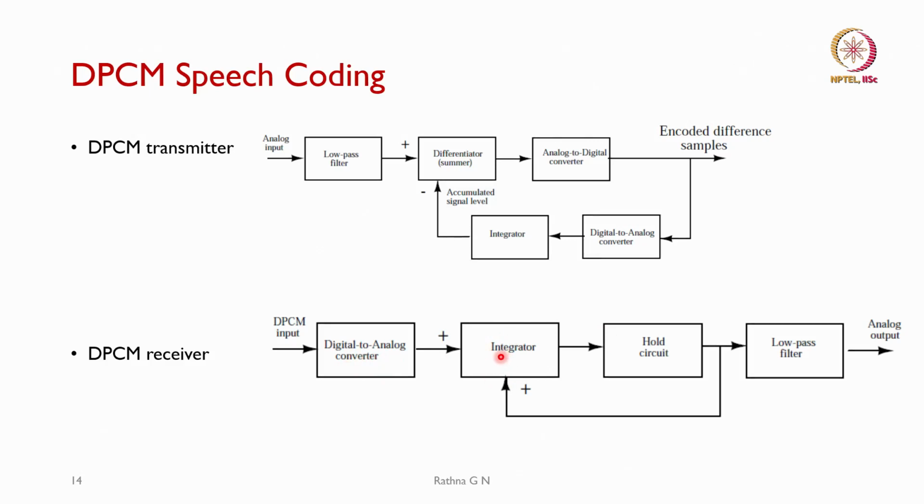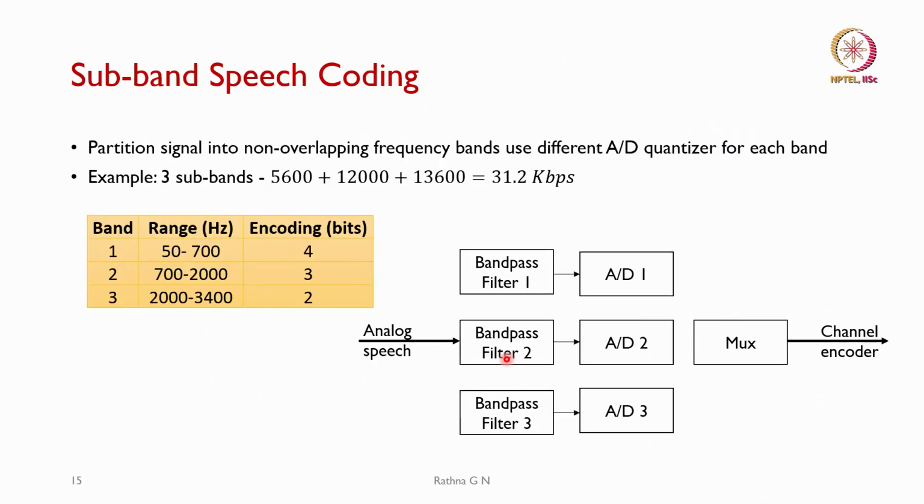You then add the signals from the hold circuit to reconstruct it from the differences, which is passed through the low pass filter, and then we get the analog output. So, this is how our differential pulse code modulated speech transmission and receiver look.